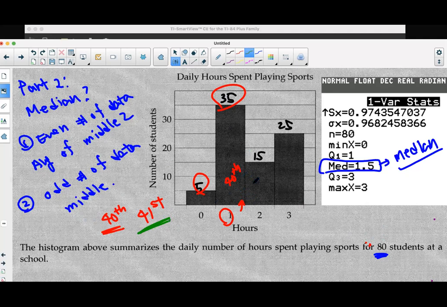The 41st is the one right over here, the first value of the second half, which is 2. As I told you, I need you guys to get the average of the middle two. So I'm going to get the average of these two, 1 and 2, which is equal to what? 1.5.